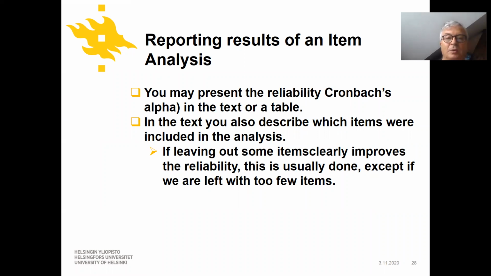So how do you report this result of the item analysis? Well, you can either tell about the reliability, finding Cronbach's alpha, in the text or as a separate table, which you refer to in the text.